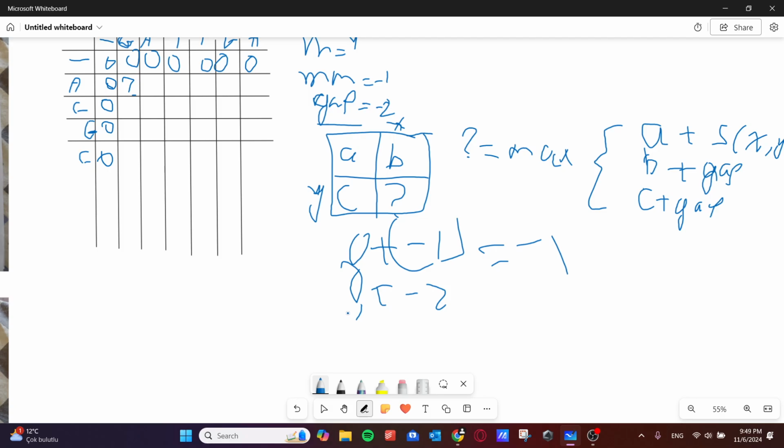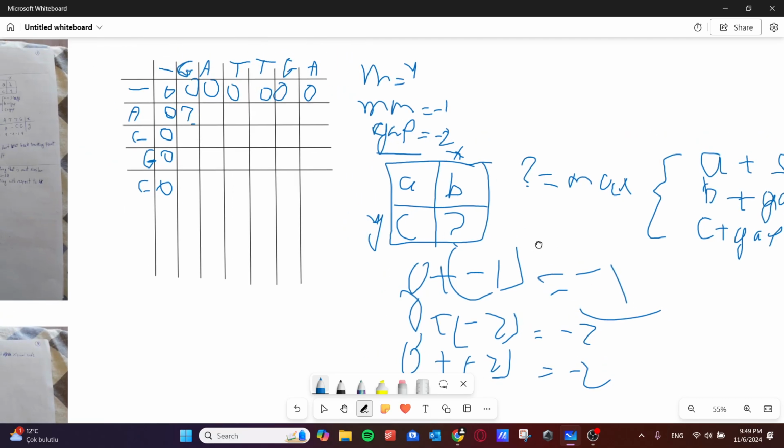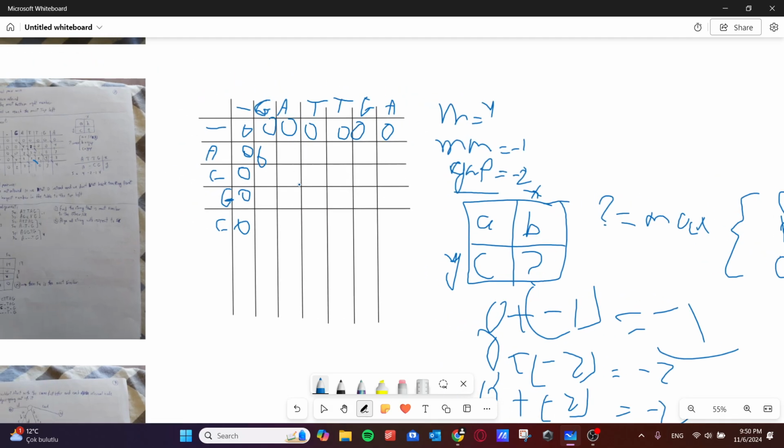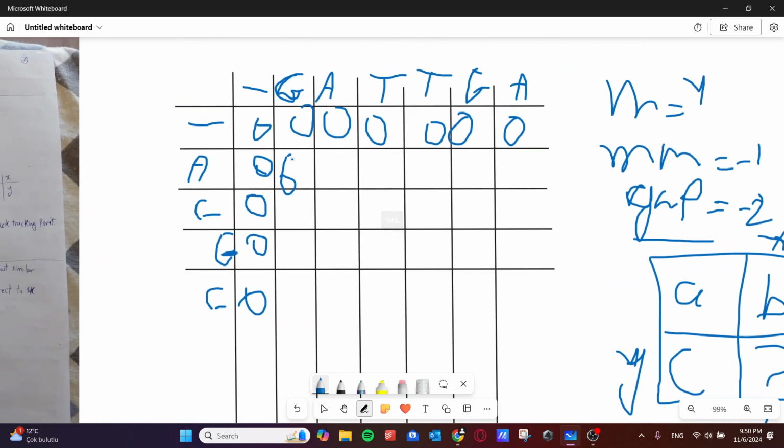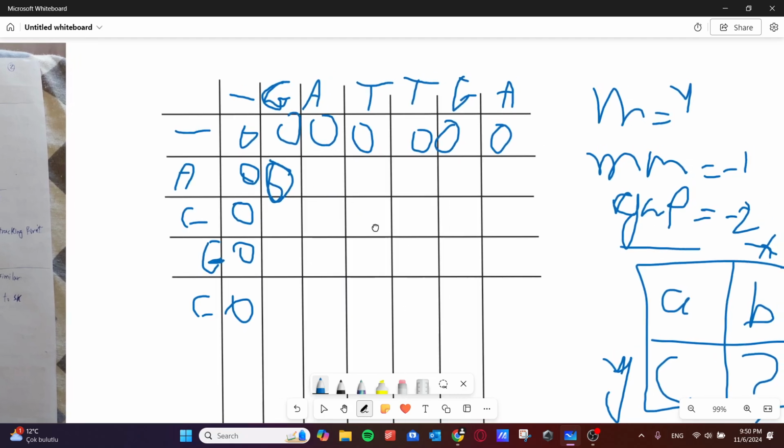Here we have the c is 0 plus -2. The maximum is -1, but it's a negative number, so we don't put negative numbers. We put 0 instead, and we don't put backtrack. So this is 0.